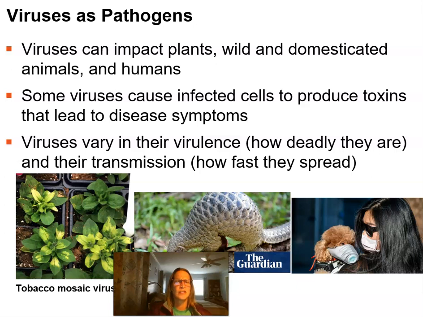And obviously viruses vary in their virulence, which means how nasty they are, how likely they are to cause a lot of damage or death. And they also vary in how quickly they transmit or are transmitted from one host to another. And that causes a lot of issues in terms of which viruses are sort of the bigger problems, in terms of how deadly they are or how rapidly they spread.